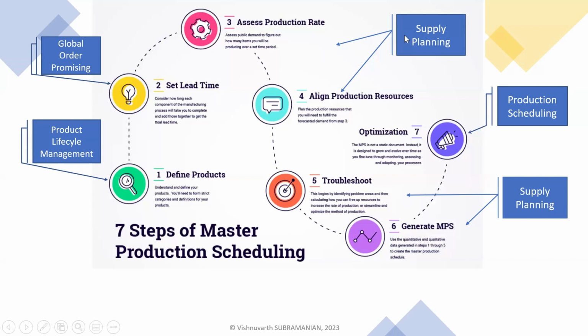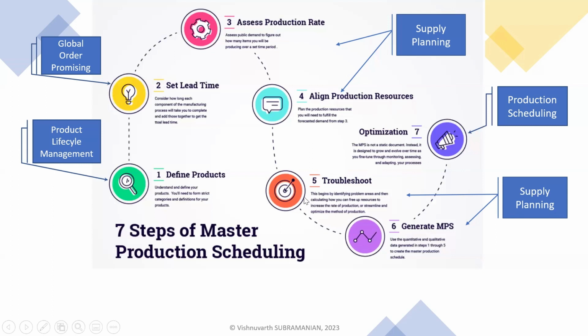The third step is you want to find out how much you need to produce. So this is where Supply Planning Cloud comes into the picture, which helps you once you have the sales orders and the forecast. When you run the supply plan, it is going to spit out a master production schedule, and it is going to give you details about how much quantity you need to produce, what production resources you are going to use, and when it is going to be started, right?